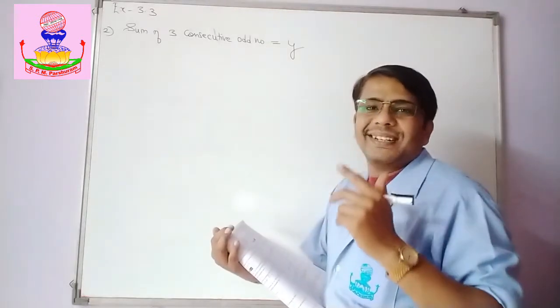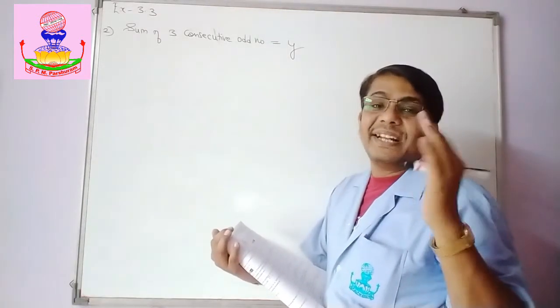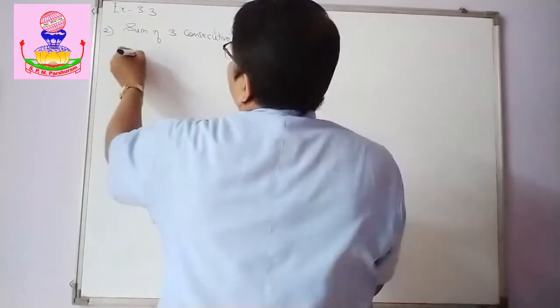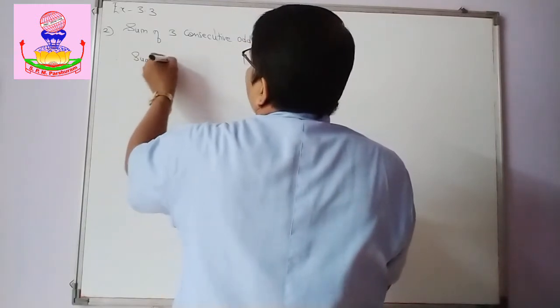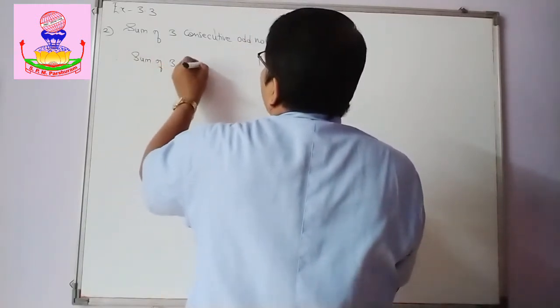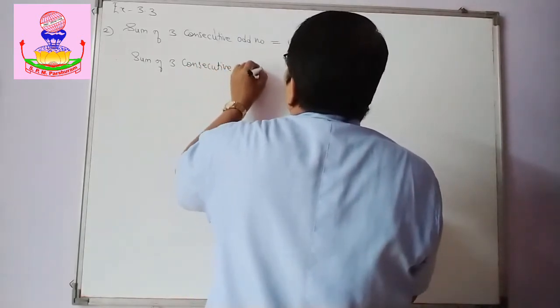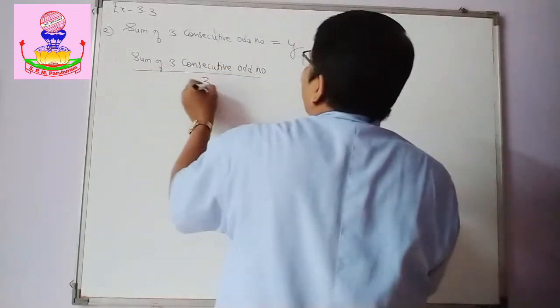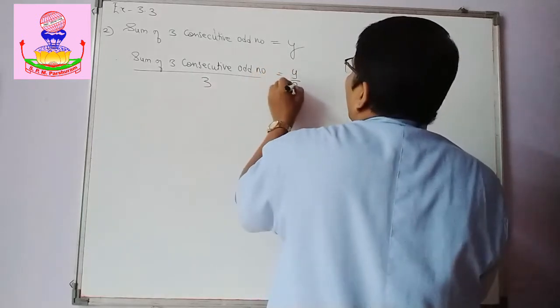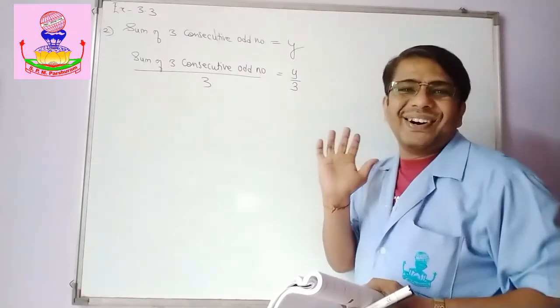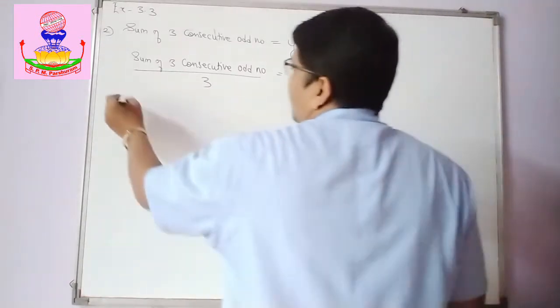So if I divide both this by how many? 3. That will give me average. Exactly. Yes. So therefore, sum of 3 consecutive odd numbers divided by 3, that is equal to y upon 3. And this is nothing but the average of 3 odd numbers, right?